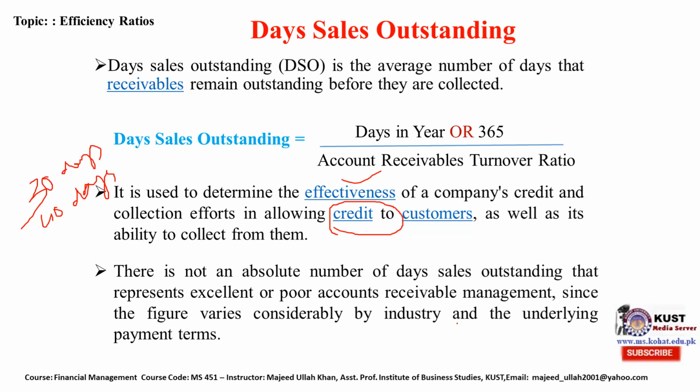When we compare it with peer firms or industry averages, then we will be able to give an opinion that the company is doing well or performing slower or worse than its peers or industry averages.